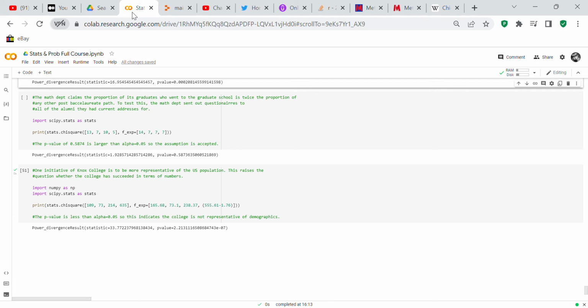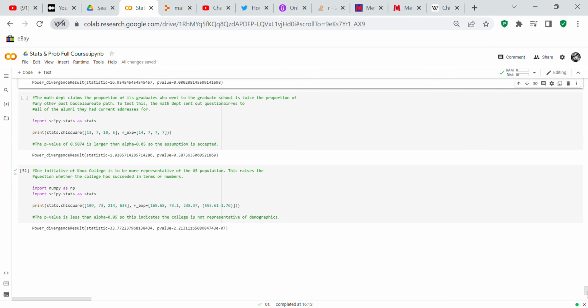And then we've got the exact same question here, and all we do is just plug in the information, and you get your p-value of 0.5873635. So that's close to 0.5874.